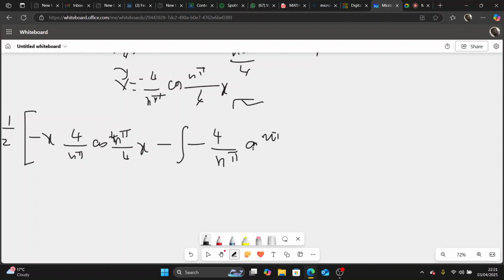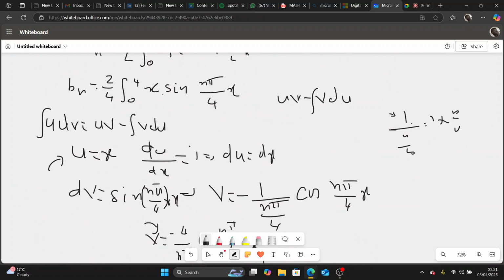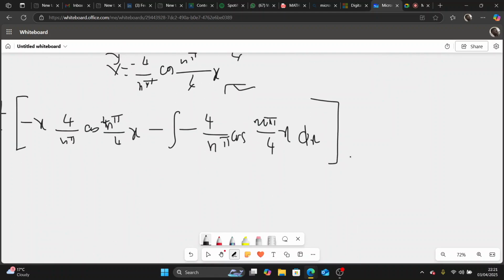Sorry about my writing there, but this is cos. Remember, du is the x. So this is what you have. Remember, your limit of the integration was given here, 0 to 4. So everything here is 0 to 4.